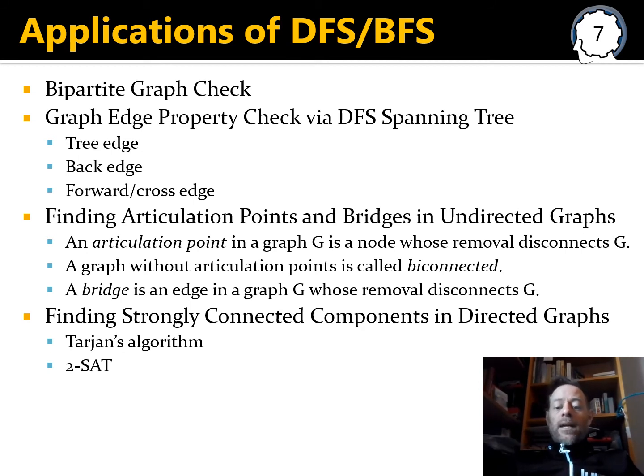Each implication between a pair of variables becomes an edge, and every variable becomes a node. Then we can find the strongly connected components in this directed graph. If a variable and its negation are both in the same strongly connected component, then it's impossible to find an assignment. If that is not the case, if they are all in different strongly connected components, then we know that there is a solution to this particular two-set problem. So that's a pretty nice usage of this strongly connected component method.